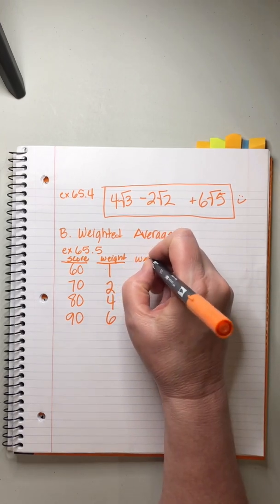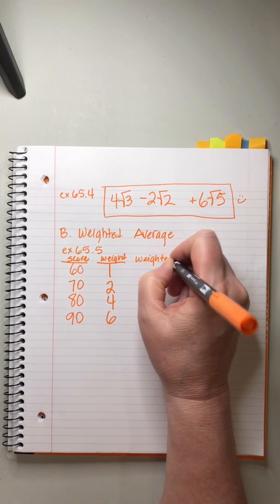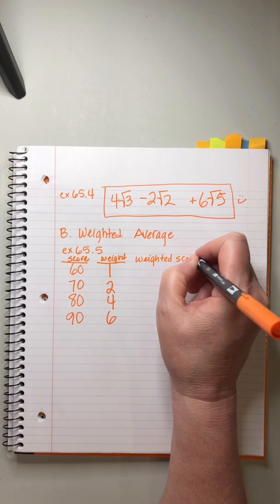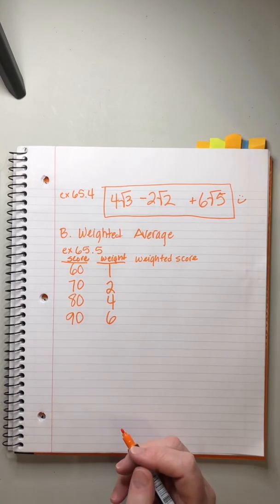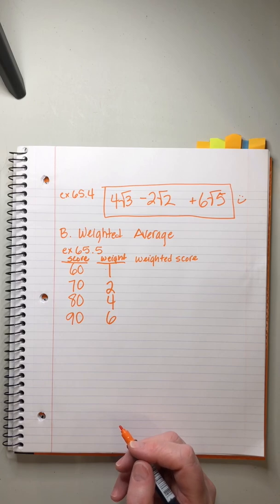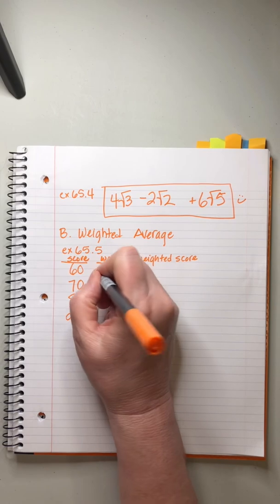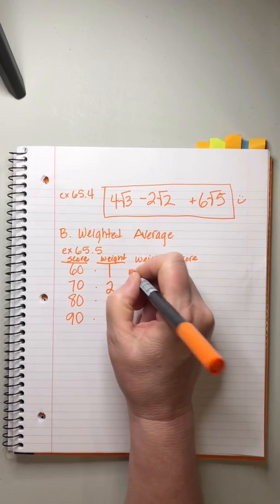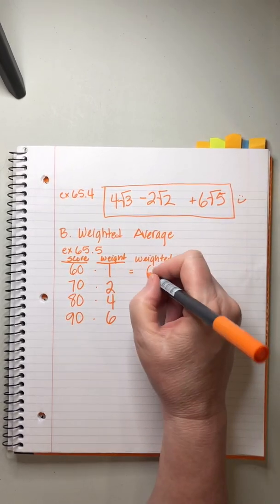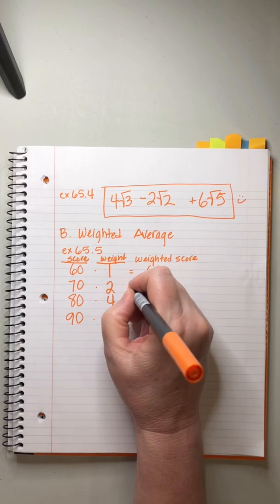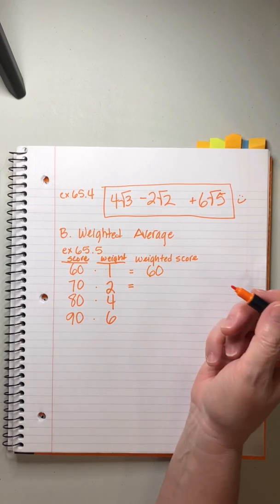We multiply them together, what's called the weighted score, okay? And that means we multiply. 60 times 1, that's 60. 60 times 2, Jackson, how much is that?